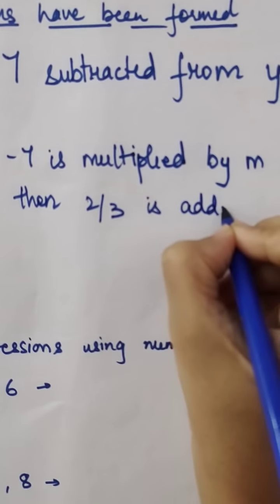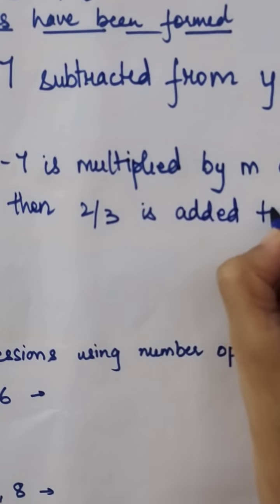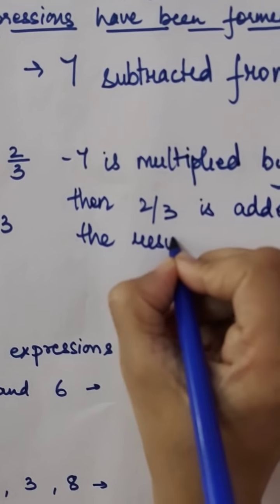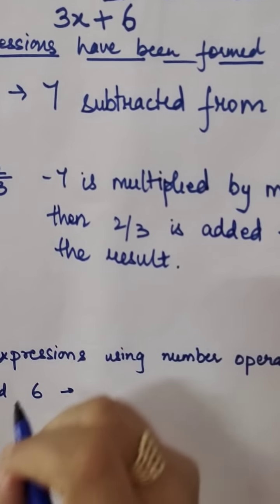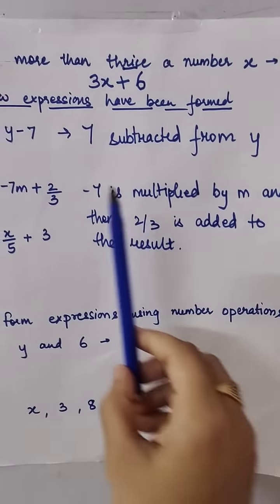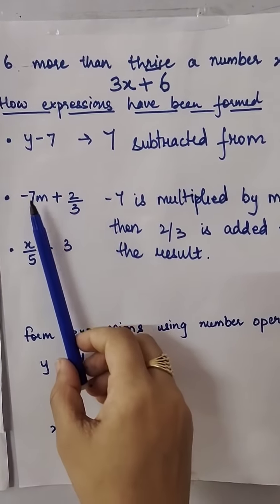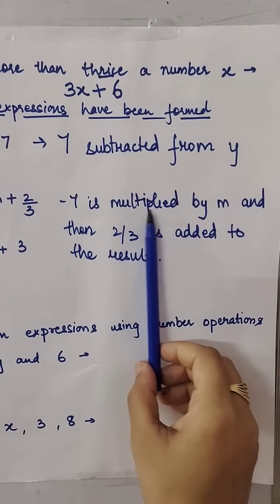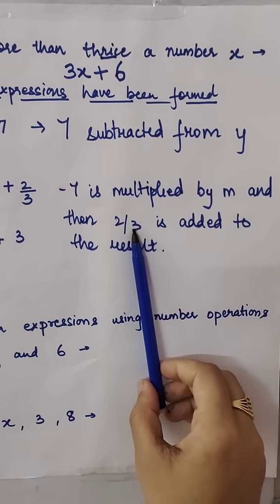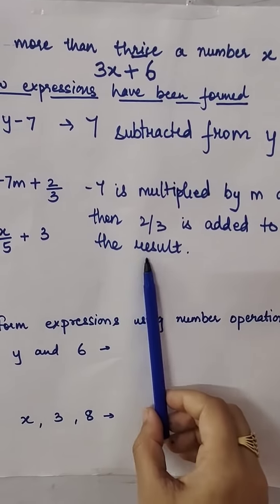Okay, so the statement that we can write here for this expression is: minus 7 is multiplied by m, and then 2/3 is added to the result.